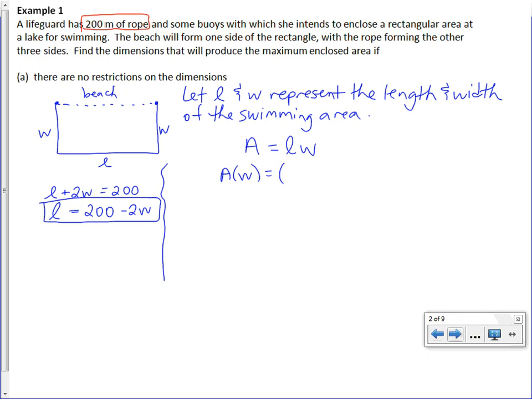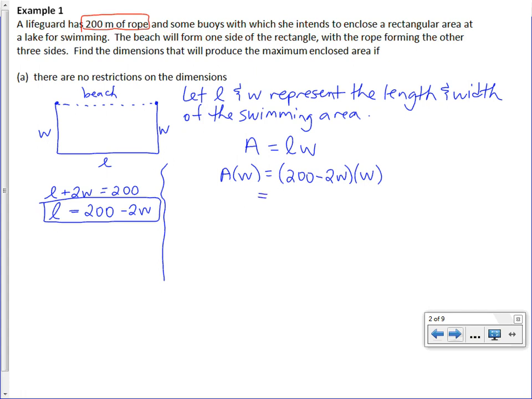So your formula, A equals L times W, if I replace L with 200 minus 2W, I now have only W's here, so now I can legally write it as a function because there's only one variable, W. Okay? Great. Okay. So now I have a function that represents the area. Okay?